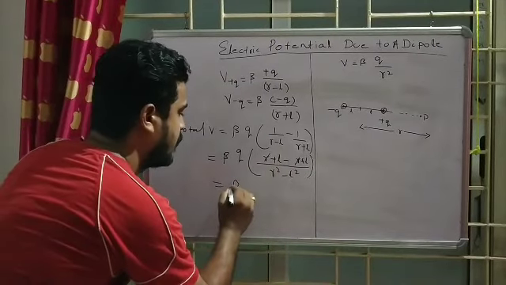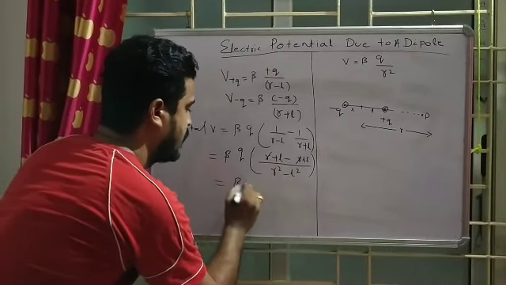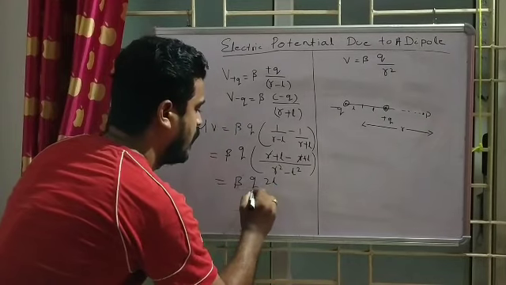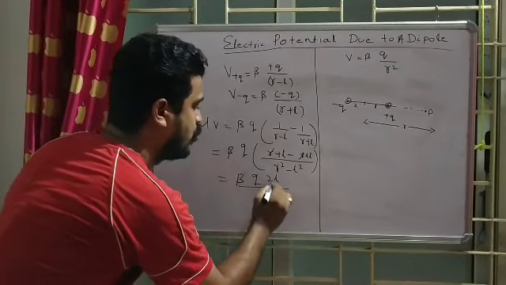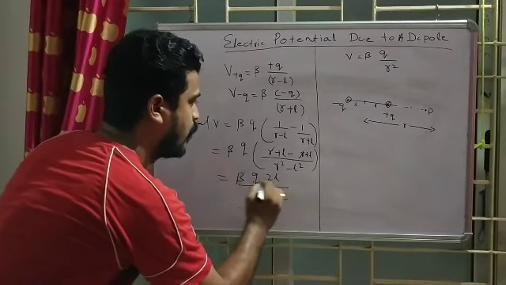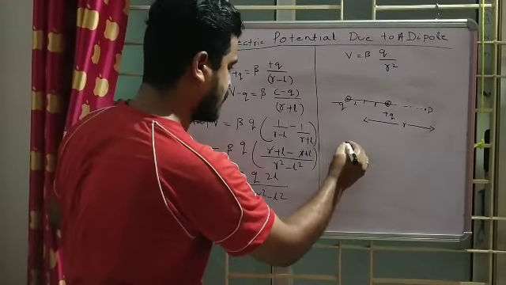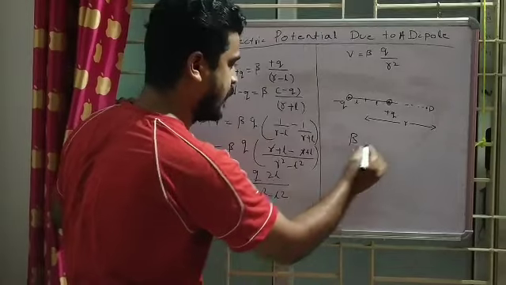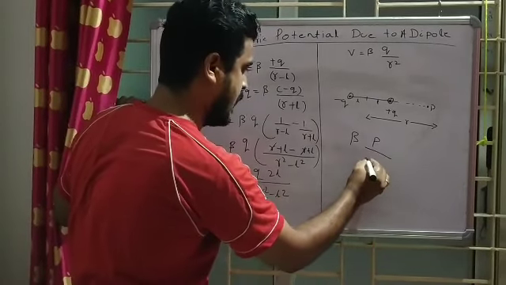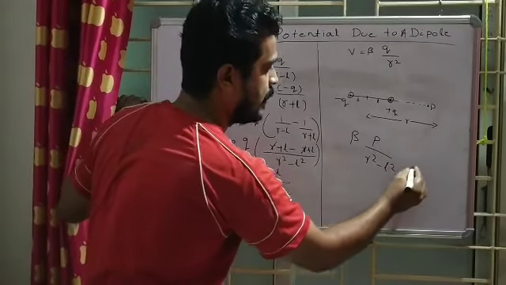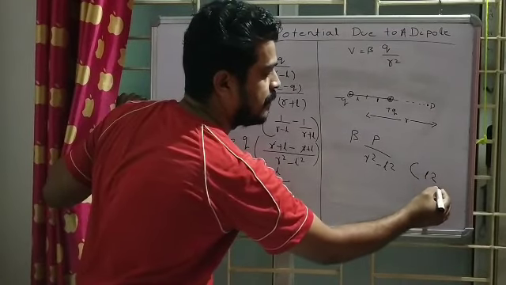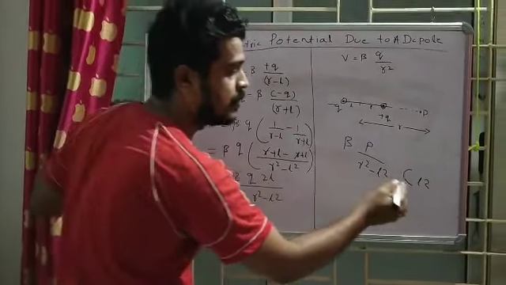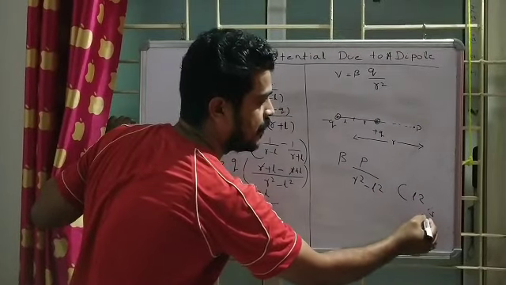So finally I get beta q 2L upon r square minus L square. You know q times 2L is the dipole moment, so the final expression comes as beta p upon r square minus L square. Here you have to take a step: as we did in the electric field also, L square is neglected.